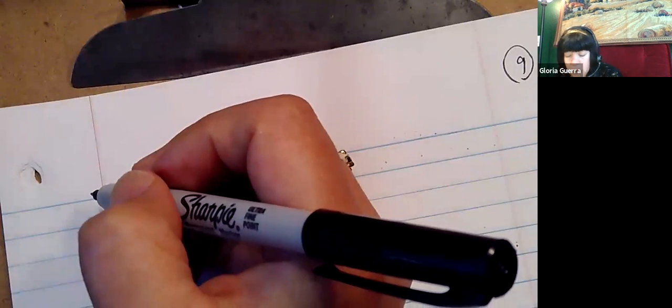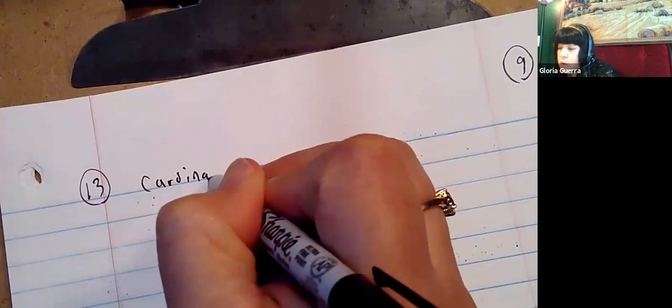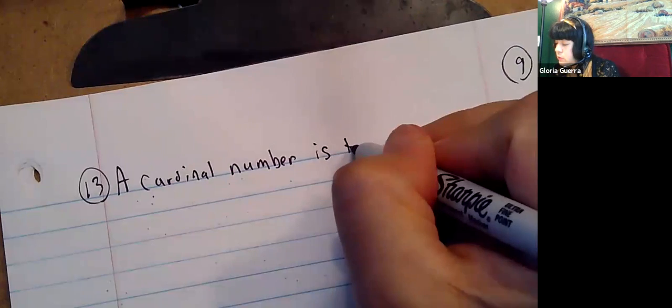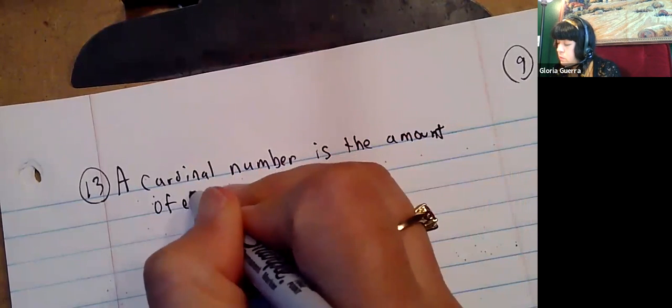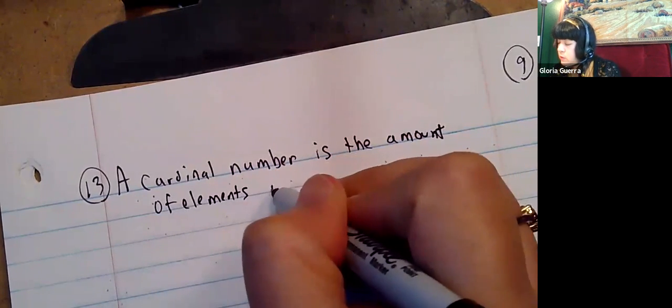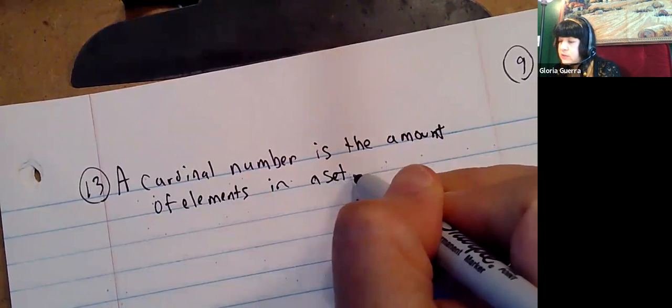Okay, so first let me talk about cardinal number. A cardinal number is the amount of elements in a set. The amount of elements in a set.